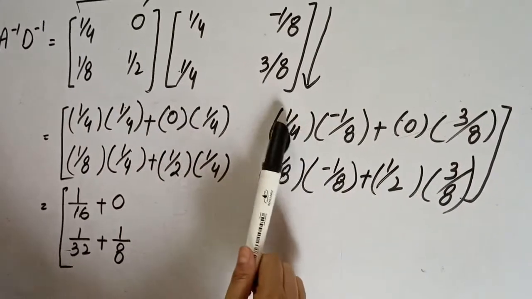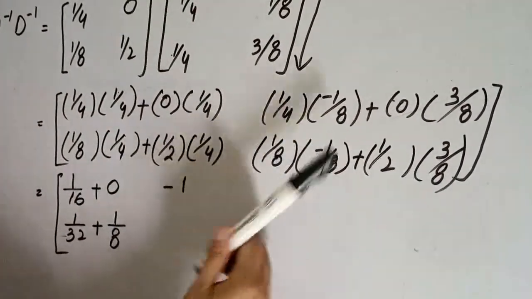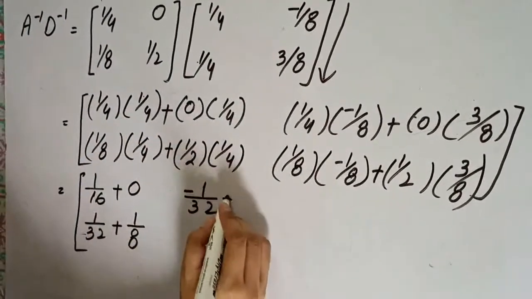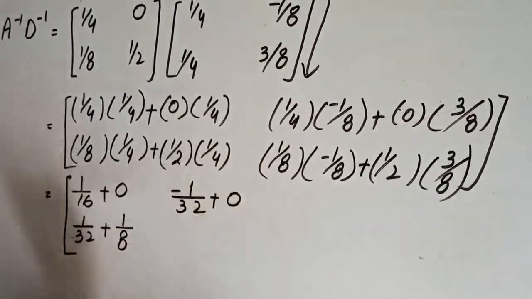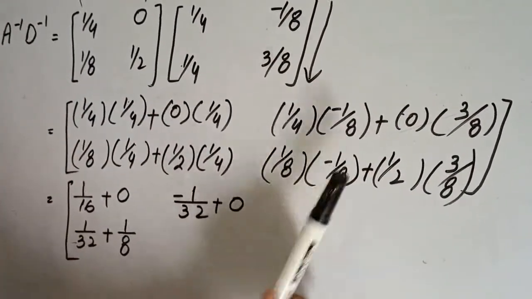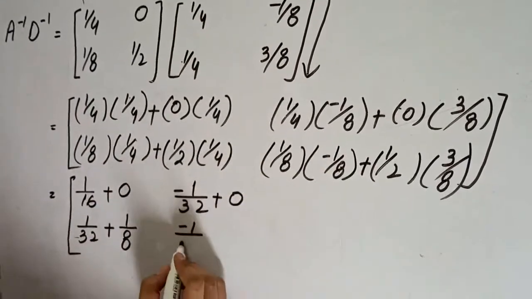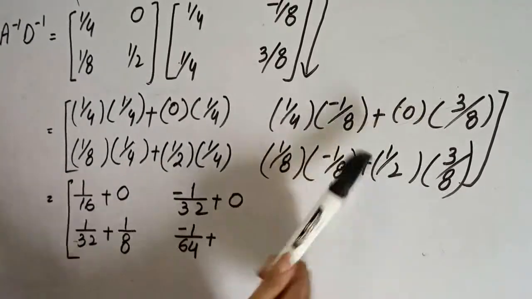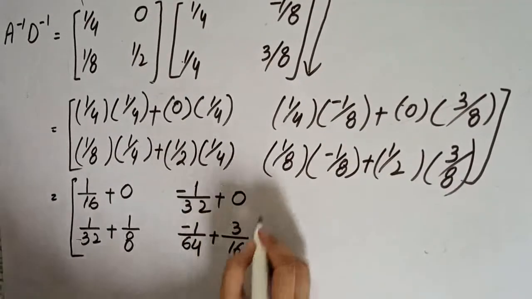Here 1 multiplied by minus 1, we will get minus 1. 4 8s are 32, plus 0 multiplied by 3 over 8, 0. Minus 1 multiplied by 1, minus 1. 8 8s are 64, plus 3 1s are 3 and 2 8s are 16.